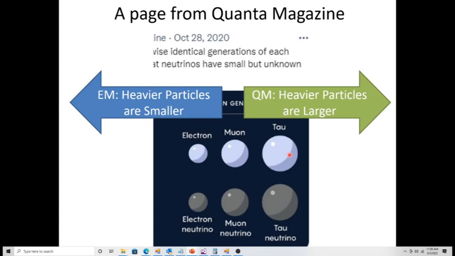So what is the clue that I can use to corroborate for you that the tau particle is actually smaller than the electron? There's got to be a way to corroborate that, and there is. It's called magnetic moments. So let's look at magnetic moments for a bit.